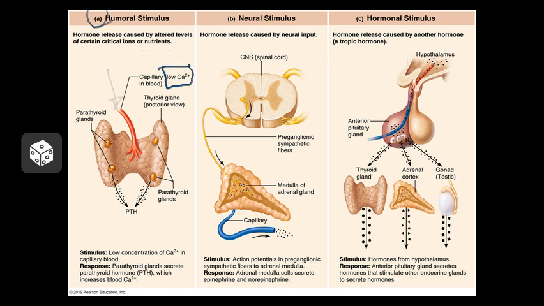If it becomes too low, that is detected by receptors in the parathyroid glands and causes the parathyroid gland to secrete its major hormone, which is parathyroid hormone. And that in turn will increase blood calcium. That's a really nice negative feedback cycle, if you'll recall from A&P II.